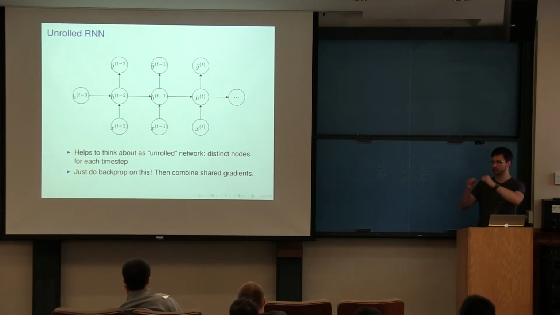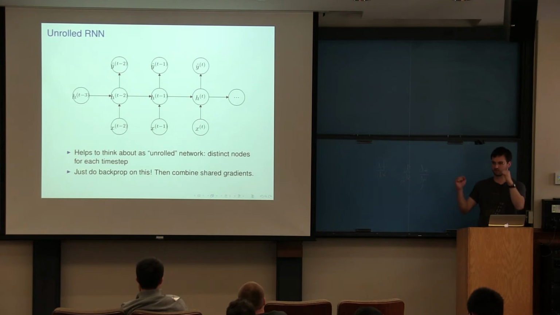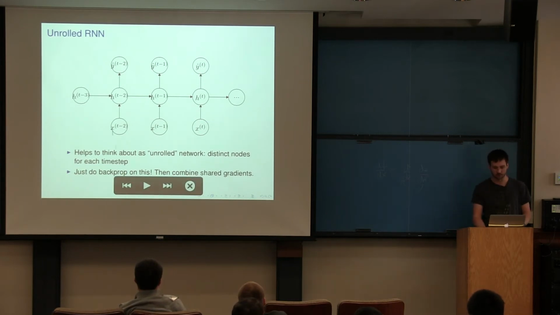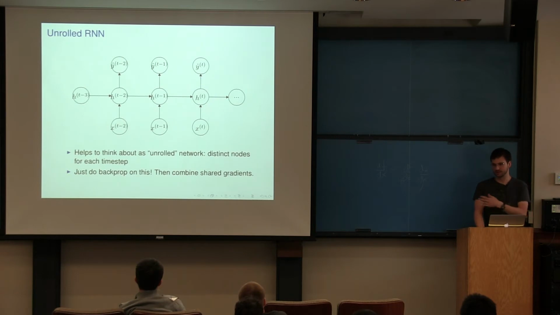But given, let's say, an input of 3 items, you can just unroll the network as this full grounded thing that has discrete nodes. And the only difference between this and any other normal feed-forward network with the same architecture is that you share parameters. And sharing parameters isn't anything special, really. You can just do backprop on this, and it just means that you store the gradients multiple times for the same thing.